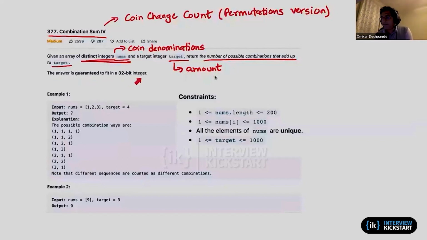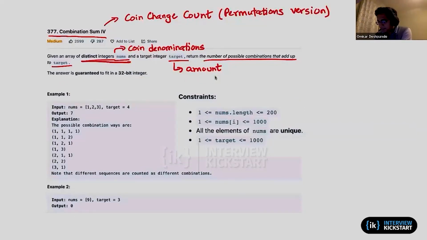The answer is guaranteed to fit in a 32-bit integer, which means we don't have to do a mod with a large prime number like 10 to the power 9 plus 7, which you might remember we had to do in the tiling problem. So the inputs are in a range that the answer is guaranteed not to overflow.